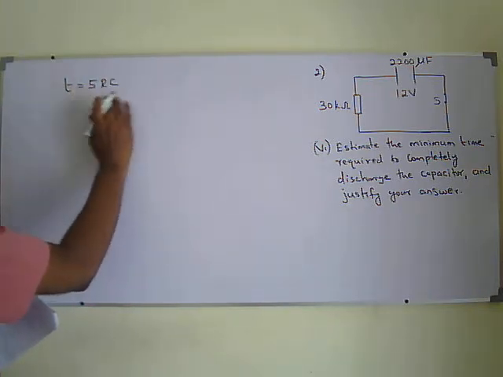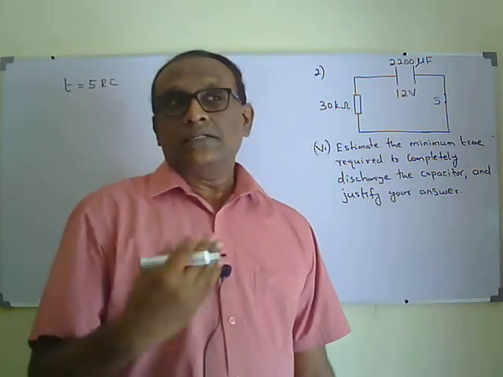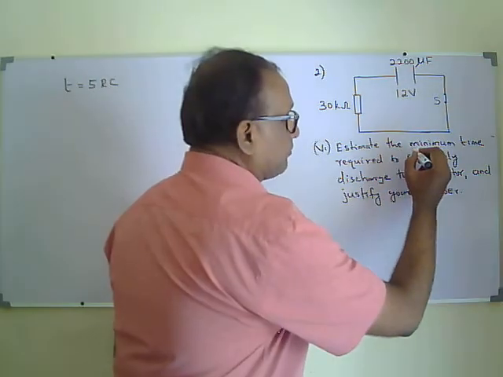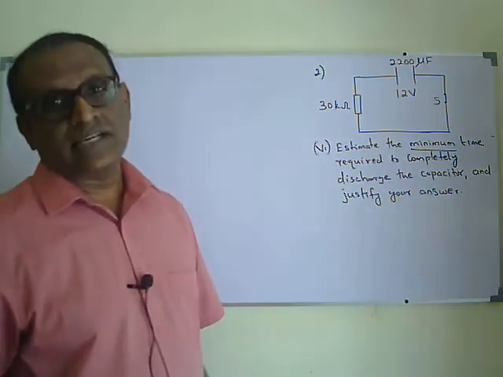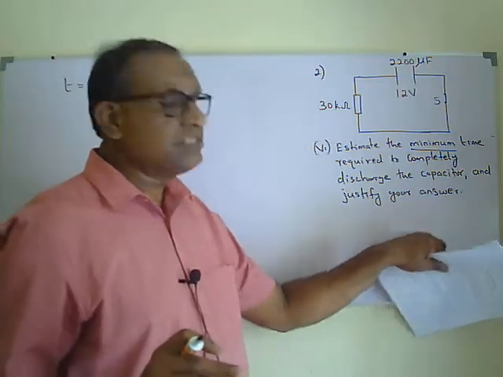Any value I can say more than 5 RC, 6 RC, 7 RC, 1000 RC, 5000 RC, but those are overestimated times. The question is minimum time. So minimum time is 5 RC is enough. 4 RC is not enough. 5 RC is enough. So they ask you to justify your answer.